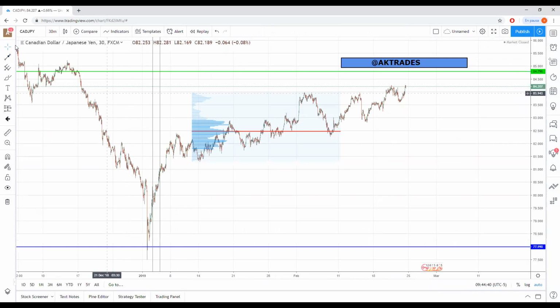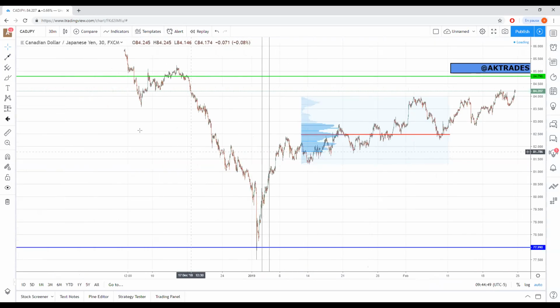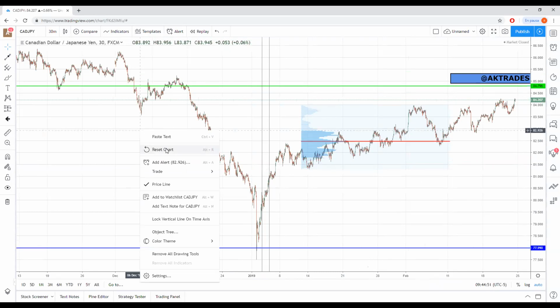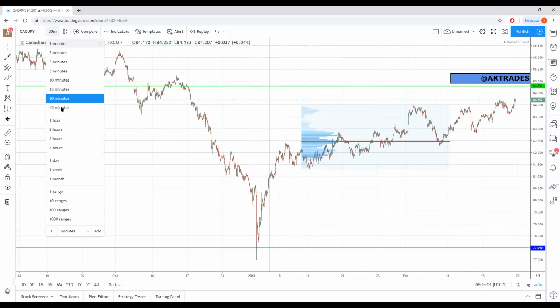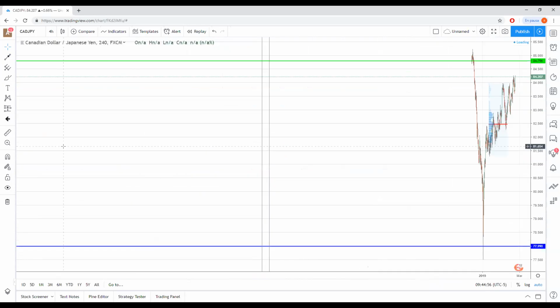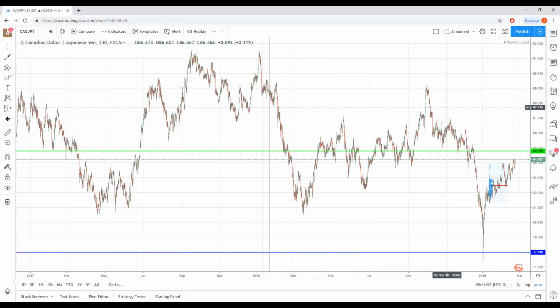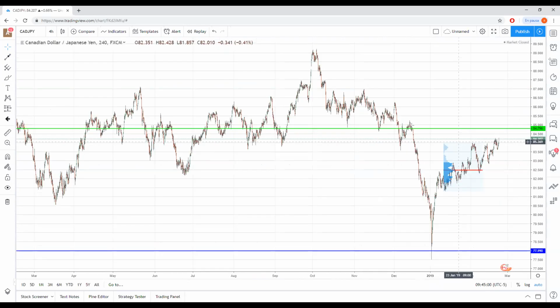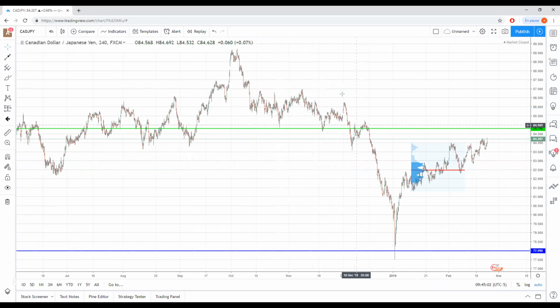And finally, we're going to discuss the Canadian dollar versus Japanese yen. This is a quite simple idea. You just want to look for shorts in this pair. If you see the 4-hour chart, we see how around all of this area, people accumulated selling orders because we can see this very big drop to the downside.